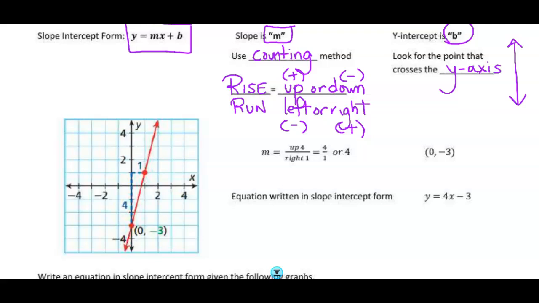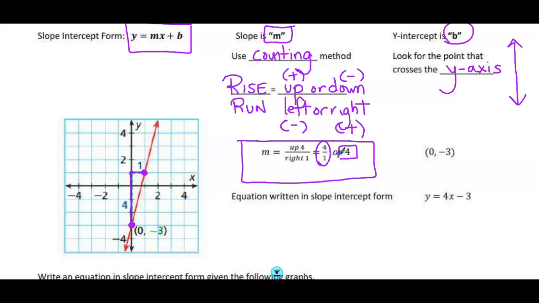Let's check it out. So, on this graph, there's this point down here, (0, -3), and (1, 1). If you notice, right here is the counting method for slope. It says up 4, so you go up 4, right 1. Up 4, right 1 is 4 over 1, or just a 4 for your m.